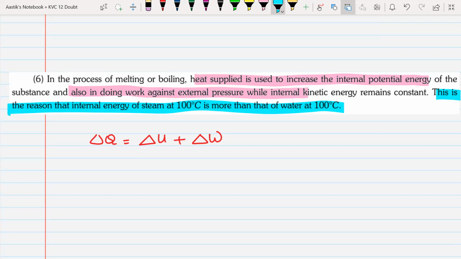Oops, not this one, not this one. It came in this year's JEE. Let me just see. Not this one.